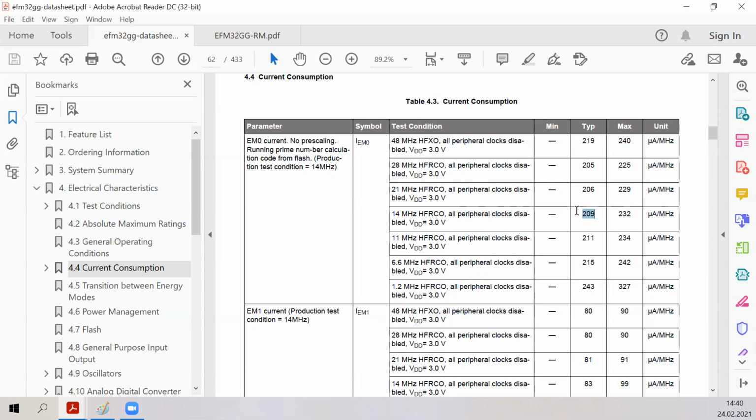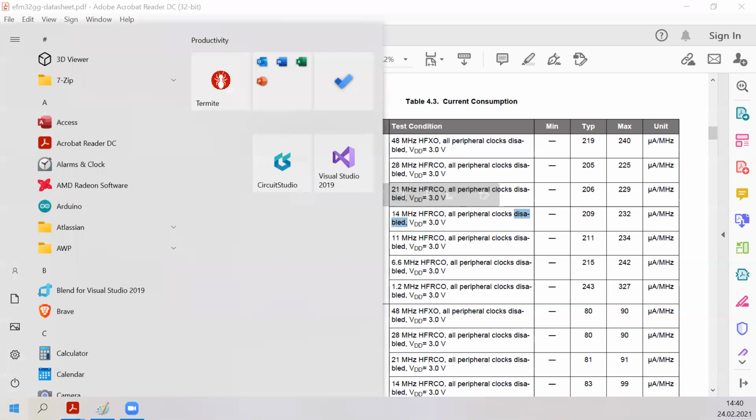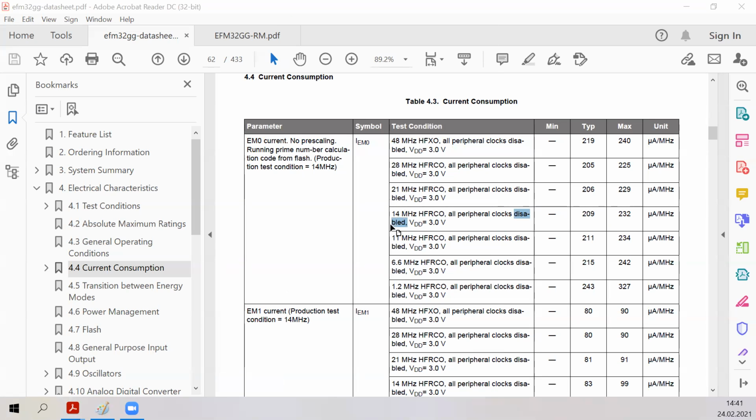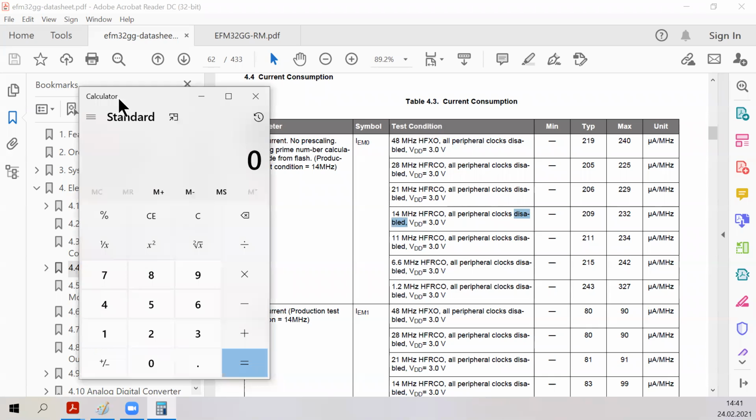So we need to multiply this with 14, and then we get the total power consumption, and let's just do it right now. So 14 megahertz times 0.209 milliamps is, this microcontroller consumes almost 3 milliamps when it's running the code, right?